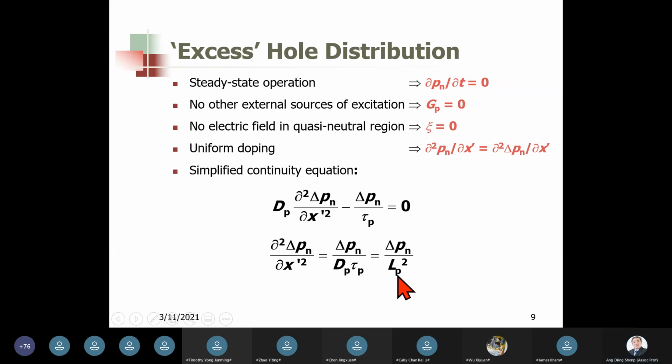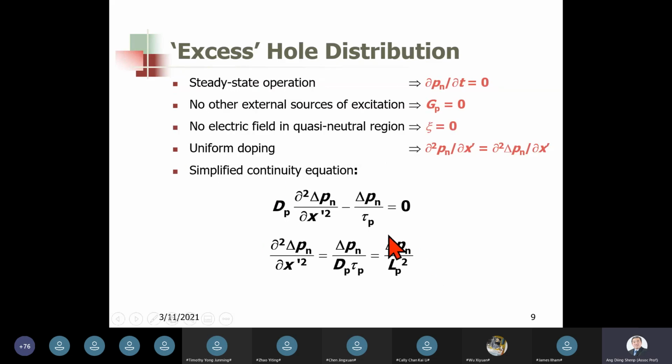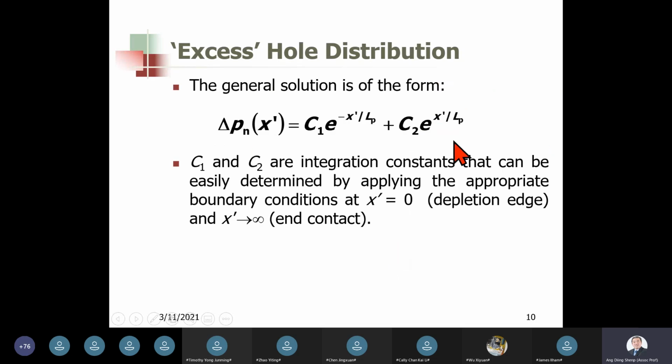Okay. Now, this is a second order differential equation which has a solution of this form. This is the only solution possible for this second order differential equation. No other form, right? This is the only solution possible. Okay, for those of you who are doing further math, you will probably understand what I'm saying.